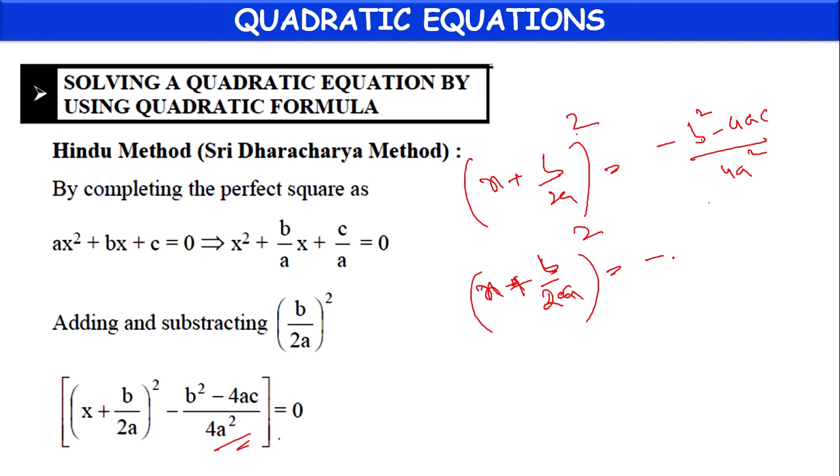This minus comes this side, it will become plus. So this b square minus 4ac by 4a square, what we can do is, it can be written as plus or minus root of b square minus 4ac by 4a square whole square.